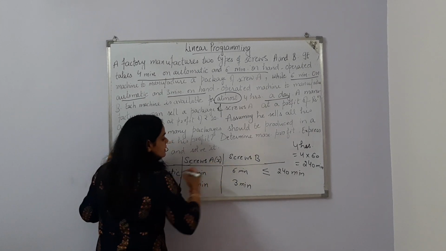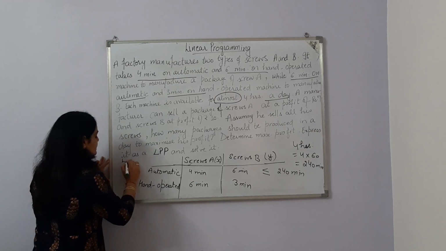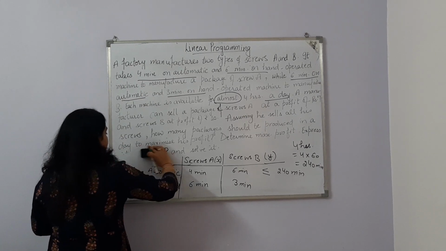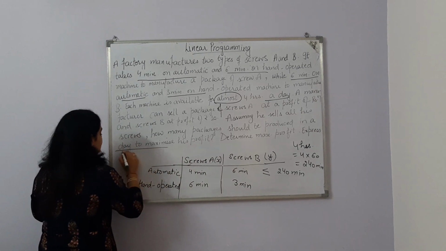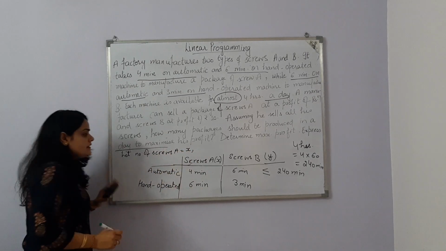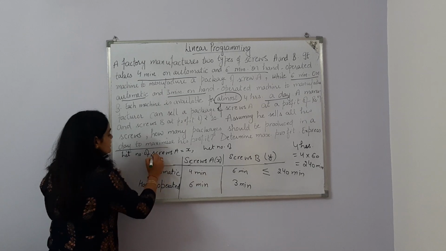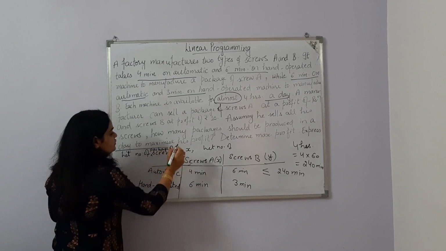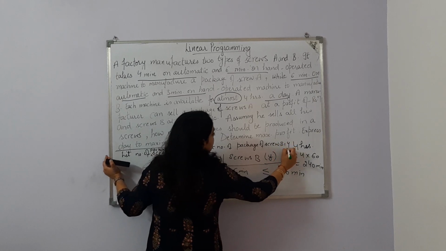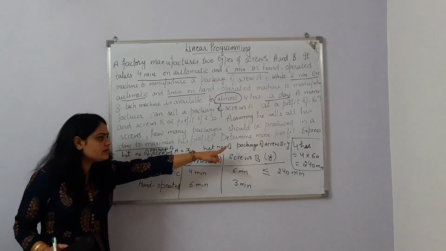Let's assume X is the number of packages of screw A and Y is the number of packages of screw B. Now we have X packages of screw A and Y packages of screw B.